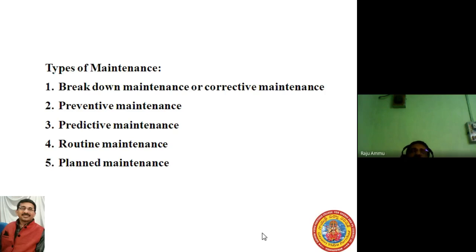So I'm starting with the main types of maintenance. As I just told you, breakdown maintenance or corrective maintenance, as the name suggests, is simply corrective maintenance.